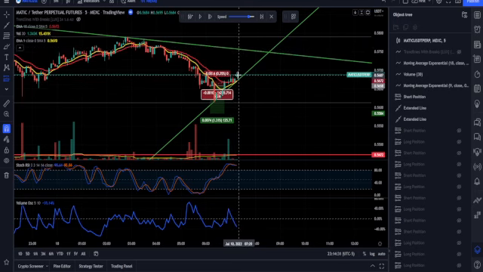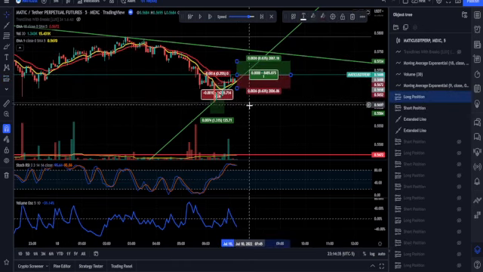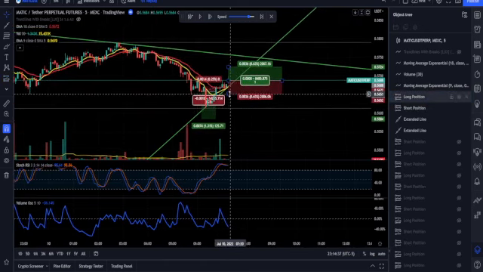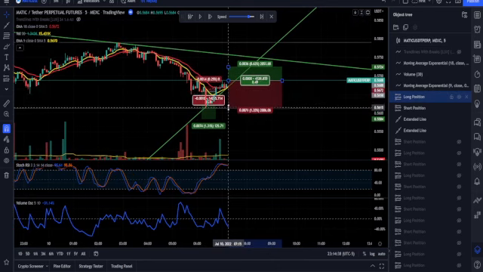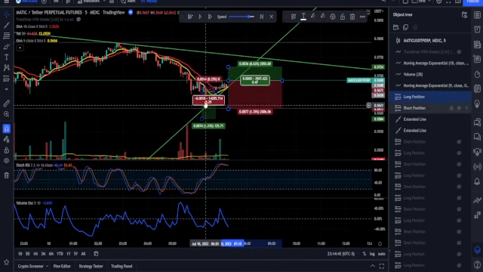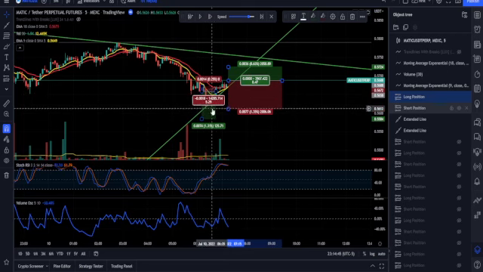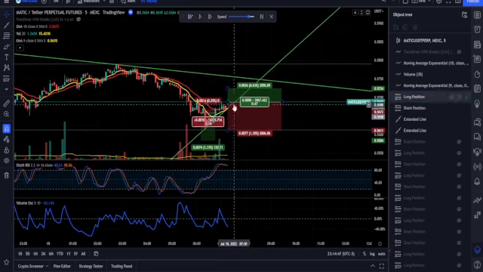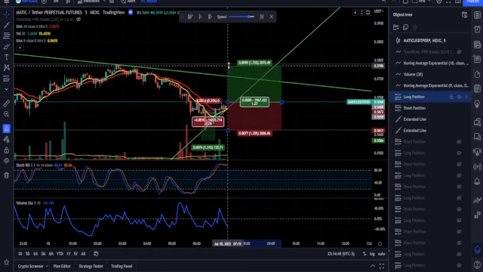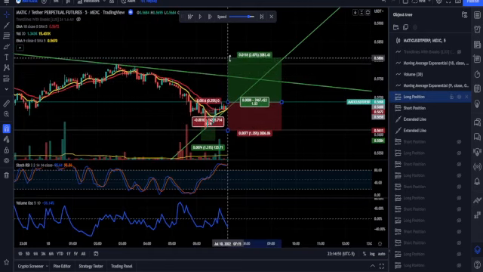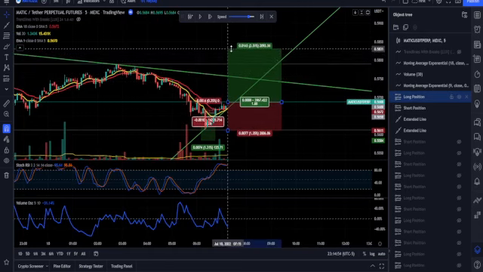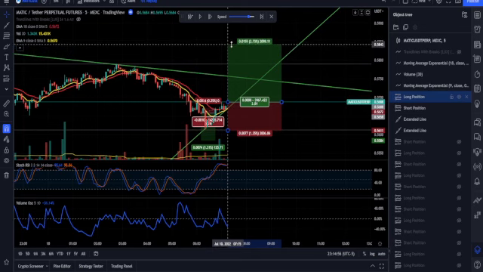So I'm going to take my long, and then I'm going to put my stop loss down here in this instance, and I'm going to look to take profit at 2 times the risk. And that's way up there.